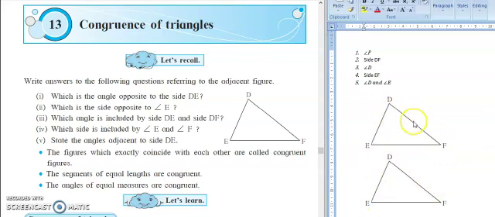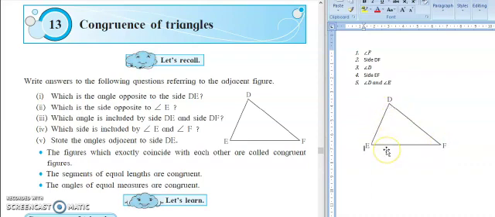Similarly this side should overlap this side, and this side should overlap this side. So if we put this figure on this figure, it will cover it completely. It will match exactly to this figure.